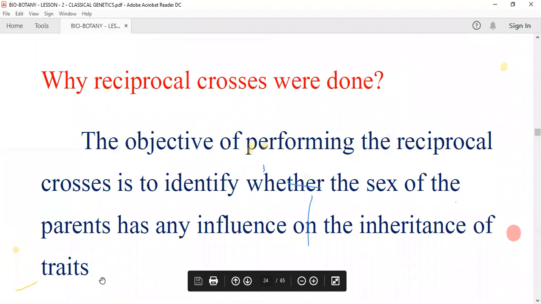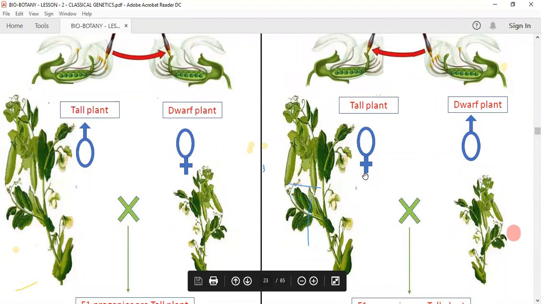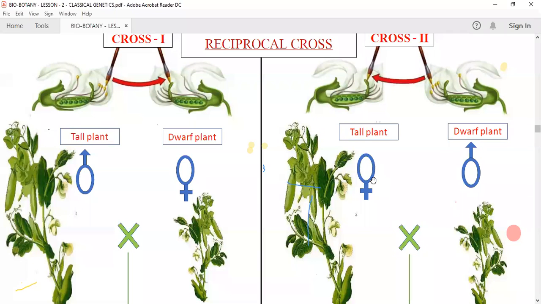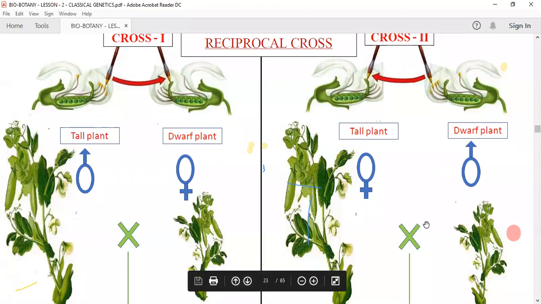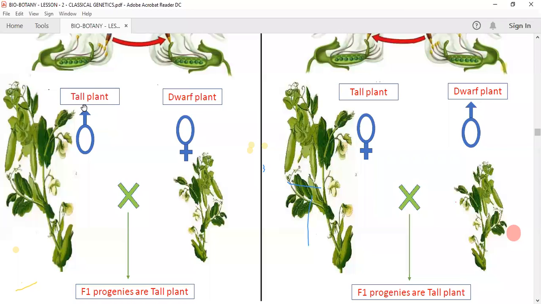So in the F1 progeny, we are getting all tall plants. Okay, and then you see here in cross 2, we are considering the female as a tall plant and the male as a dwarf plant. And in F1, here also we are getting all tall plants. So what reciprocal cross means is you may consider the male or female as tall or dwarf.